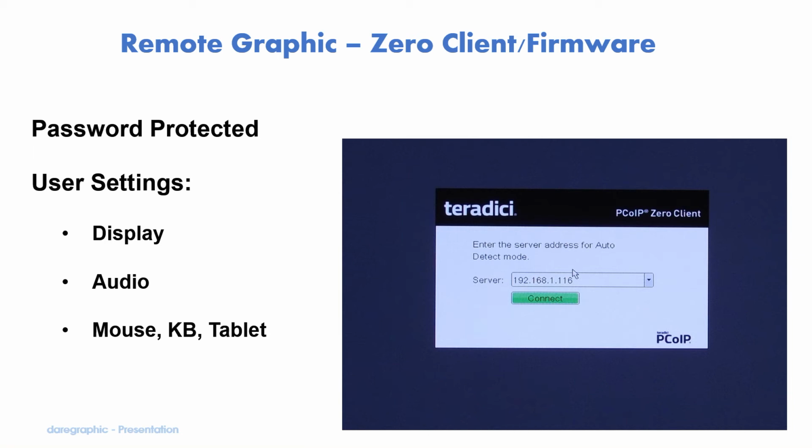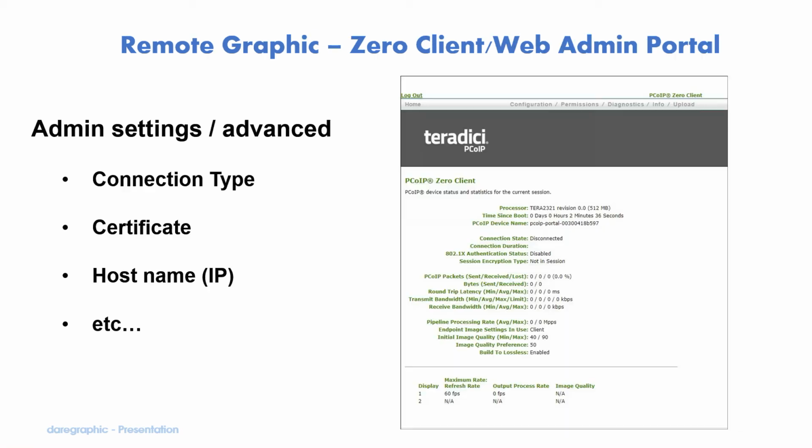That's all the user will be able to see. The user will have the capacity to modify the display settings in terms of how many displays and what the resolution is. The audio is through a USB headset or through a regular audio plug cable, and mouse, keyboard, and tablet connection. That's all there is for the end user, but it's very different from the administrator standpoint.